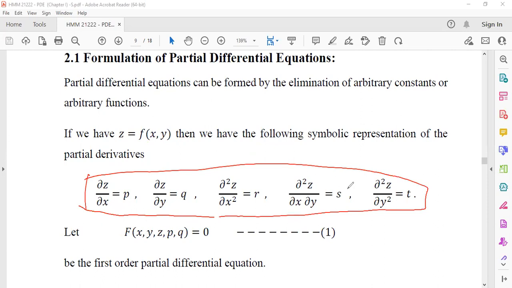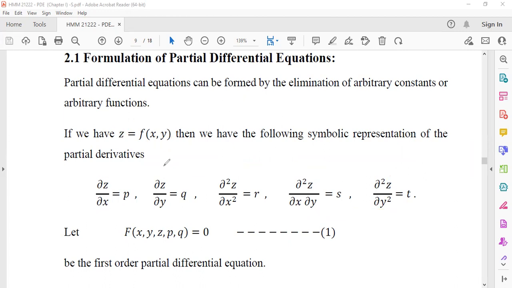p to t are reserved for these things. Likewise, u x means partial u over partial x for the partial differential equation. If I write this, it is indicating these things. We keep z for the dependent variable as well, though it can even be a equal to f of x, y, z; it depends on the question.